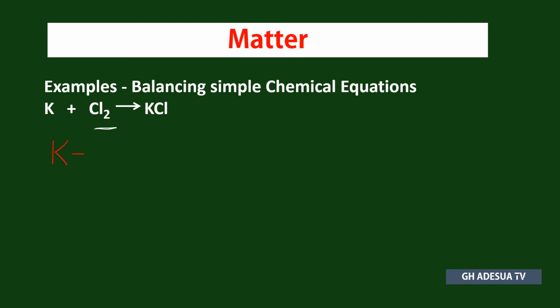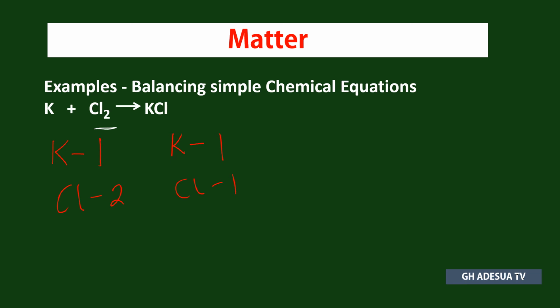So potassium K is 1, chlorine Cl is 2. Right hand side, potassium is 1, chlorine is also 1. So you realize that on the left hand side there is 1 potassium, right hand side 1 potassium, but on the left hand side chlorine is 2, on the right hand side it is 1.